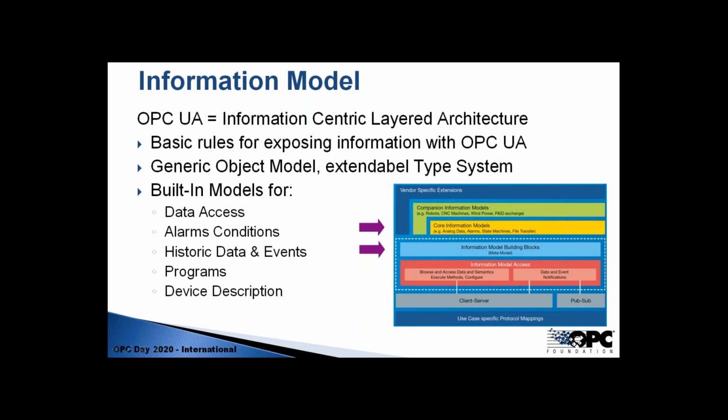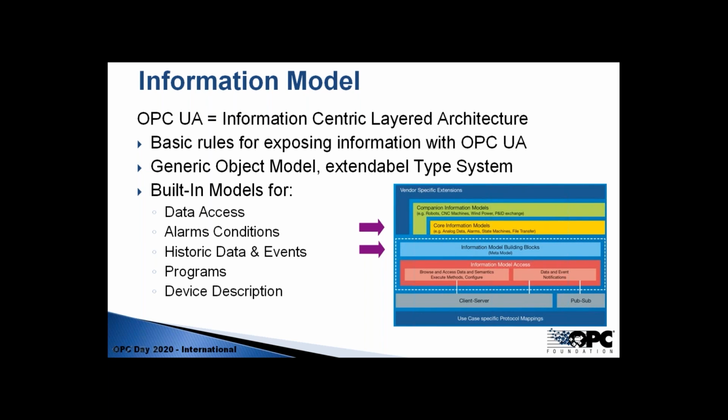The OPC Foundation has defined basic rules for exposing information with OPC UA, and we have a generic object model which has an extendable type system. And the OPC Foundation has already created built-in models for data access, for alarms and condition, for historical data and historical events.